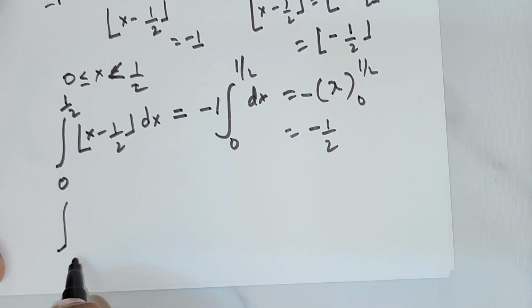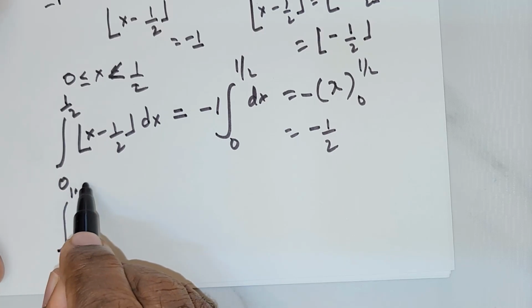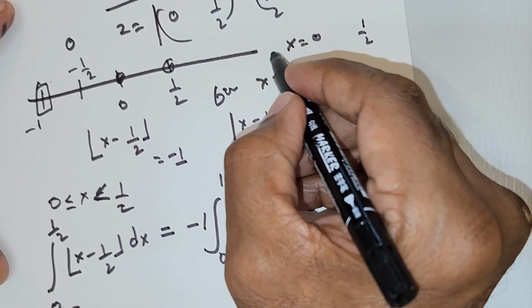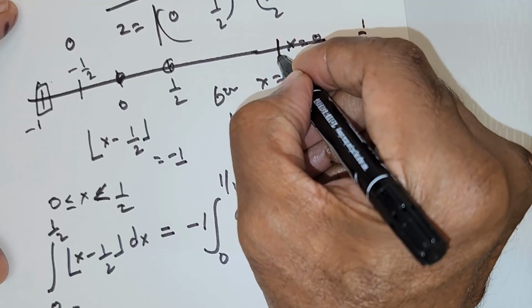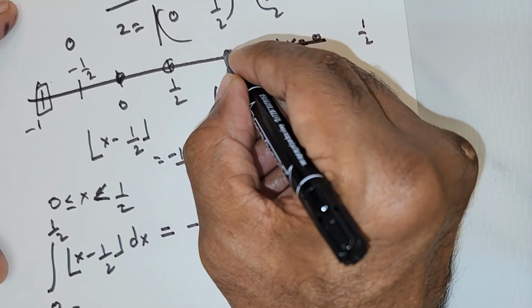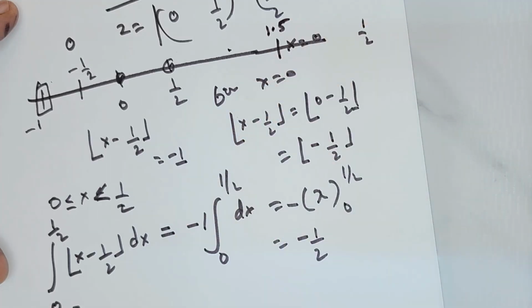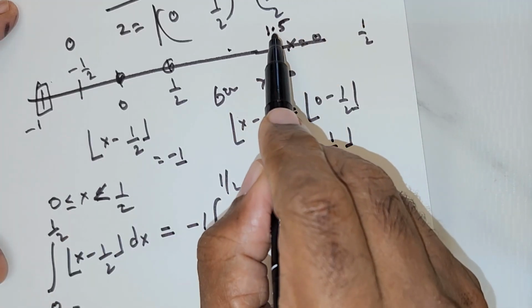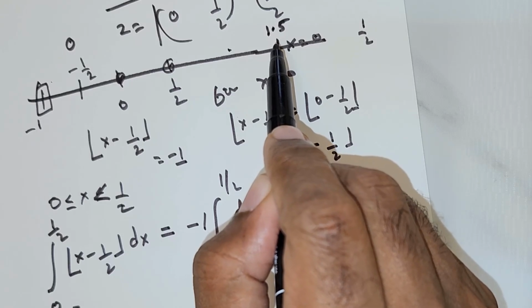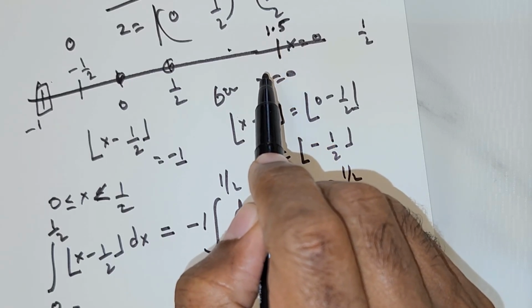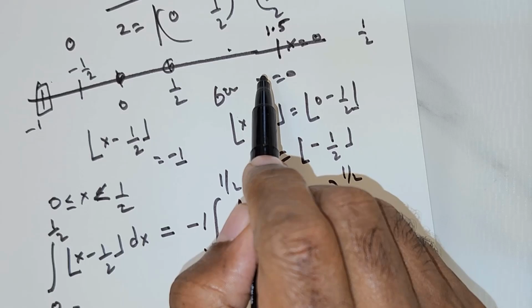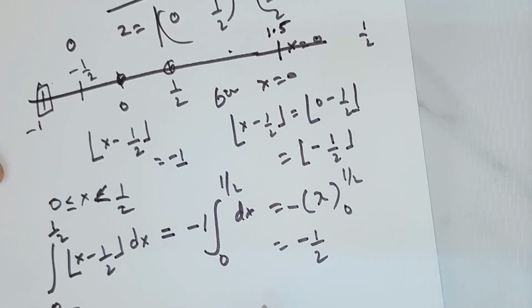Next, we are expected to integrate this from 1 over 2 to 1.5. So let me go to the number line. Say if this is 1, 1.5 is here. I am taking all values between 1 over 2 and 1.5. What will be the floor for that?